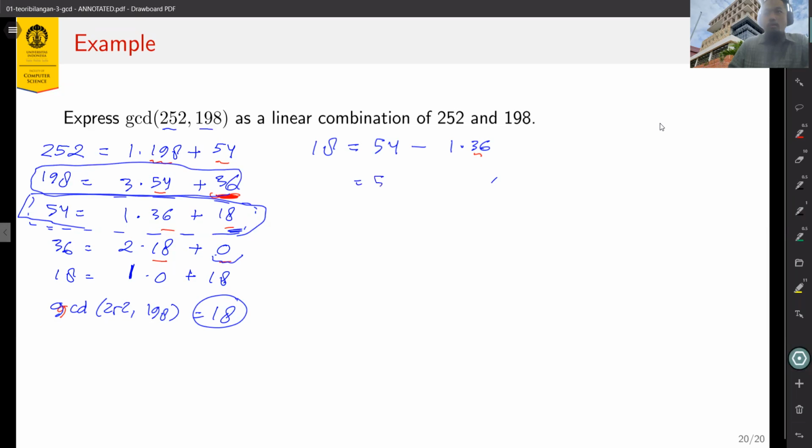This is 54 minus 1 times 36. How do you write 36 in terms of this equation? 198 minus 3 times 54. Correct. So this is the same as minus 1 times 198.